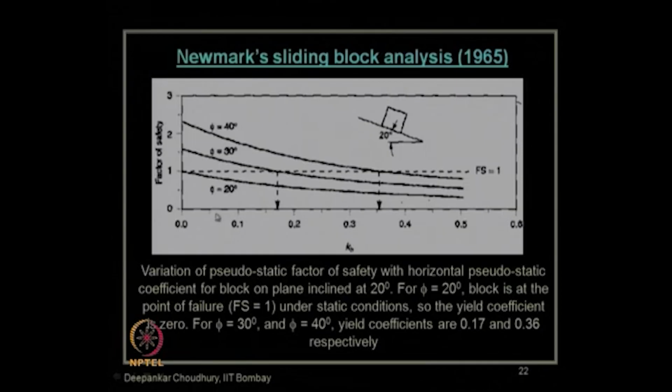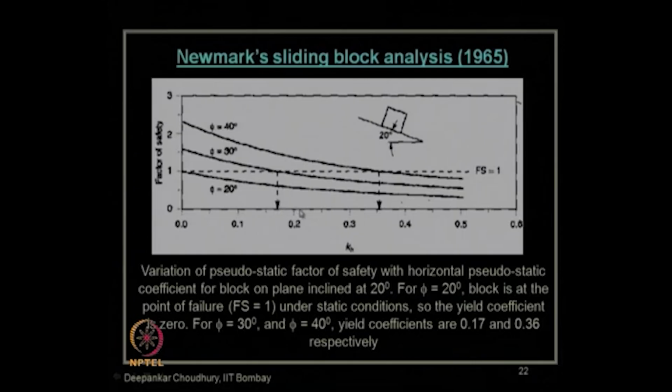Now, how to get the yield acceleration? If you now put this dotted line which is equal to factor of safety equals to 1, wherever it intersects the corresponding line, like for phi equals to 20 degree, it is always failing. Can you see that? Whereas, for phi equals to 30 degree, it is stable up to the acceleration of this much value, which is say 0.165 or 0.17, something like that, right, in between 0.15 and 0.2.